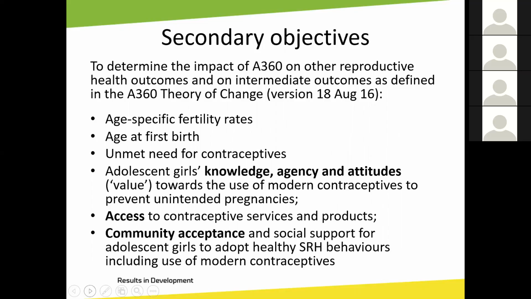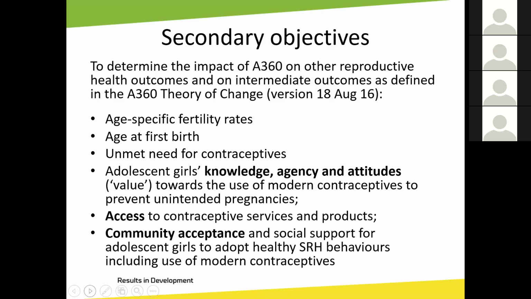So there are other reproductive health outcomes that we're interested in measuring: age-specific fertility rates, age at first birth, unmet need for contraceptives, and then the intermediate outcomes as defined in the theory of change are knowledge, agency, and attitudes. So the value of the use of modern contraceptives to prevent unintended pregnancies, adolescent girls' access to contraceptive services and products, and also to try to measure community acceptance and social support for the adolescent girls to adopt healthy sexual reproductive health behaviours, which would include the use of modern contraceptives.